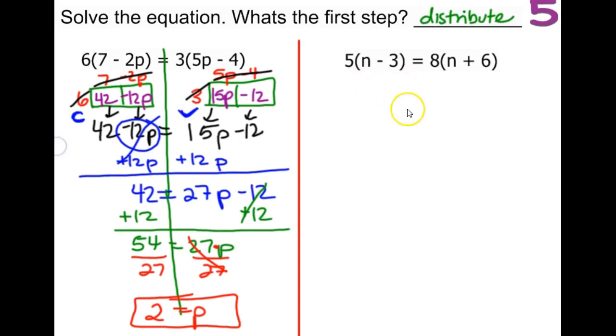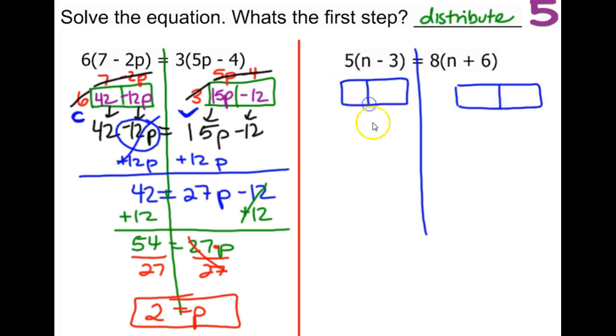Alright, let's try the second one. Same thing. There are 2 boxes, or 2 sets of parentheses. In this one I have n minus 3, and my teacher is the 5. And this one I have n plus 6, and my teacher is the 8. When we multiply, 5 times n is 5n. 5 times negative 3 is negative 15.